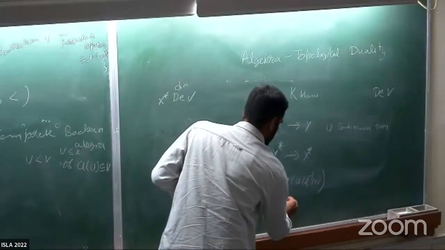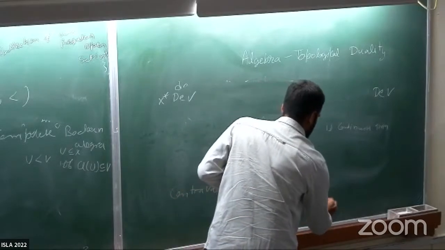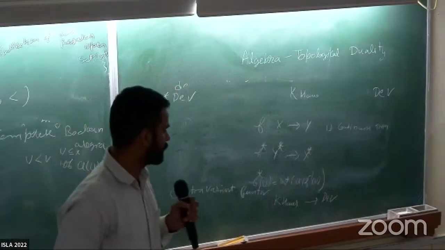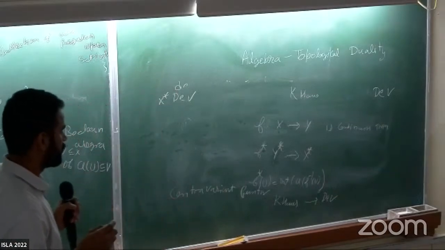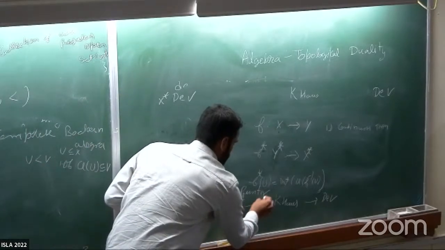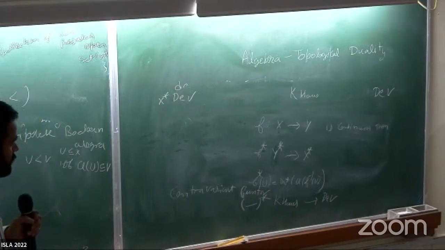From KHaus to the category of de Vries algebras, and it is denoted by this.